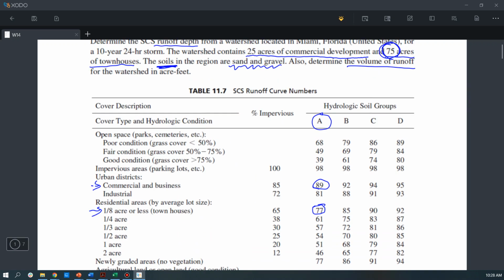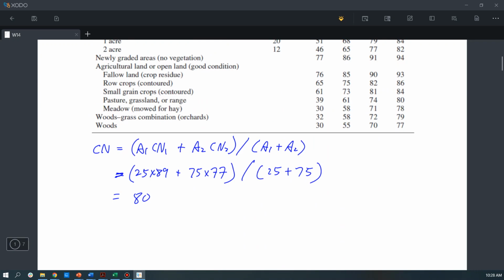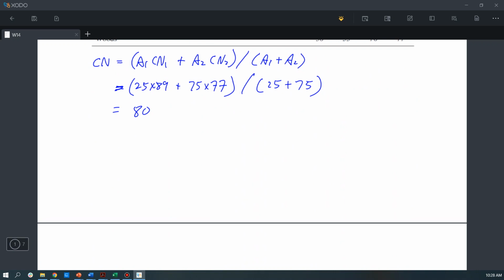Next, we can use the equation of the SCS curve method to calculate the runoff.